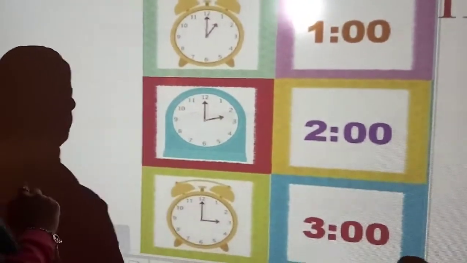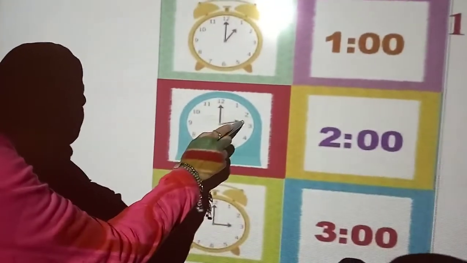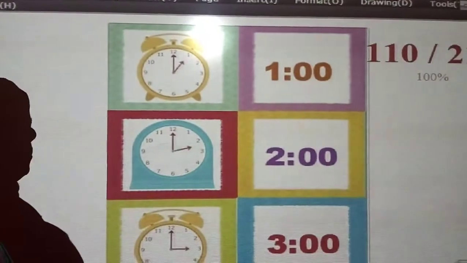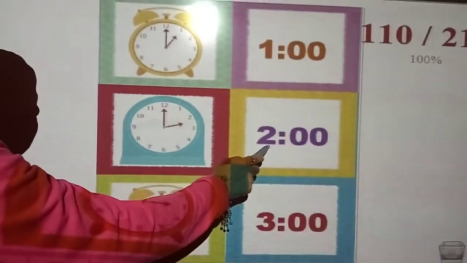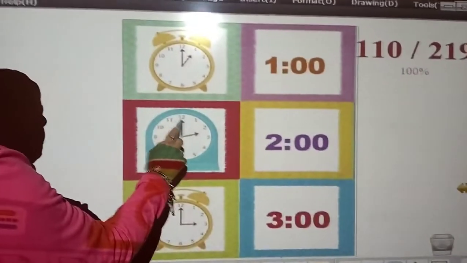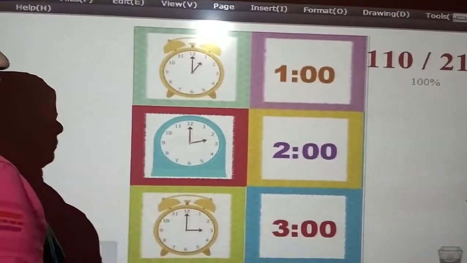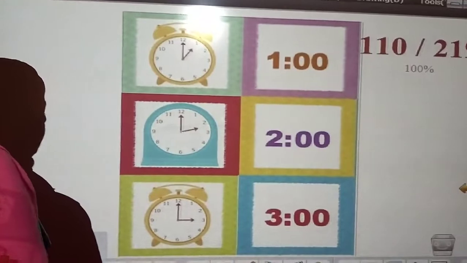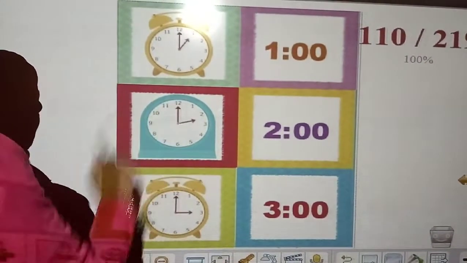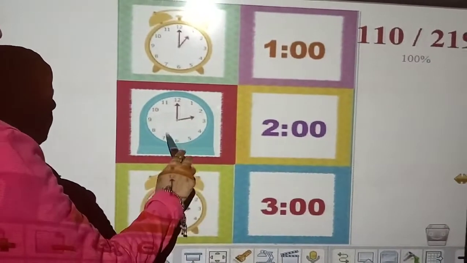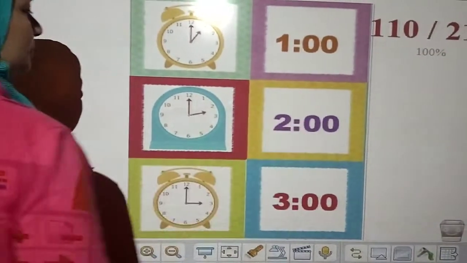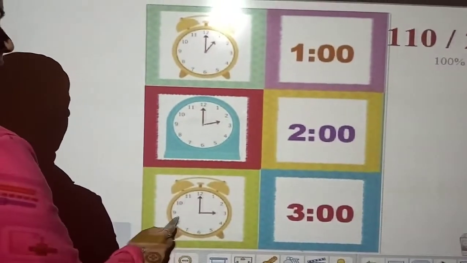Number 2. The short hand points to number 2. Excellent. And the long hand points to 12. It means 2 o'clock. How will I write it? 2, 0, 0. Number 3.